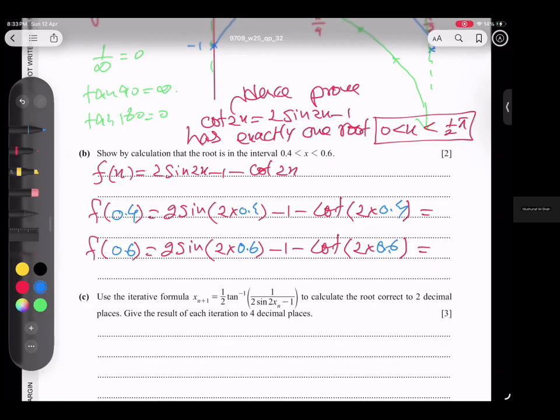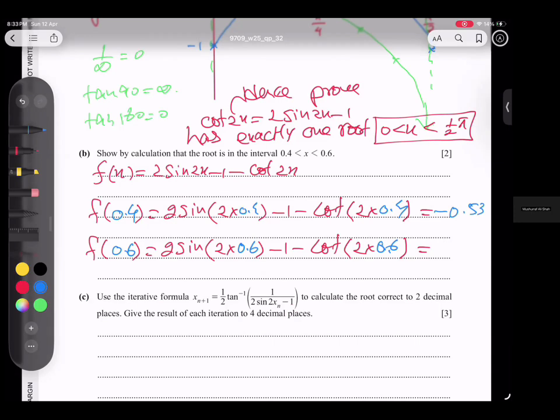So 2 times sine of 2 times 0.4, minus 1 minus cot. But how to write cot, students? We can't type it, so type 1 by tan. So I'm writing 1 by tan of 2 times 0.4, close bracket, and I'm getting answer number 1, negative 0.536.